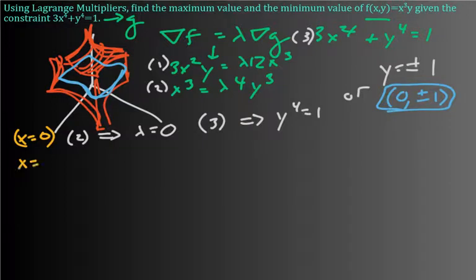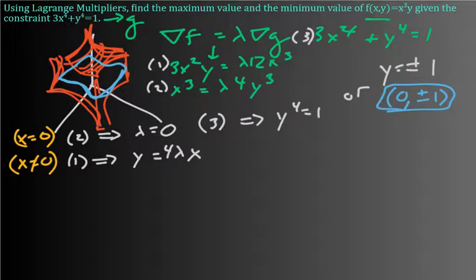The other case is: what if x doesn't equal 0? This is nice because we have x's on both sides here, so we can divide by x, or x squared, because it doesn't equal 0. If I also divide by 3, the first equation would just become y equals 4 lambda x.